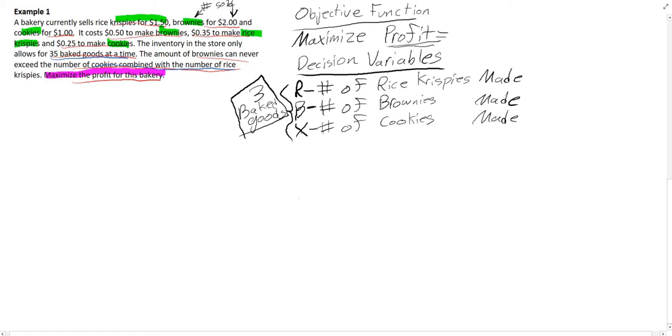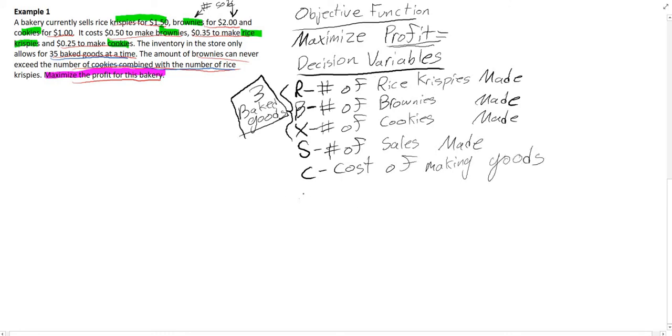We need another 2 decision variables. So now we are going to go with S being the number of sales made, and C being cost of making the baked goods. So now we have our profit defined.